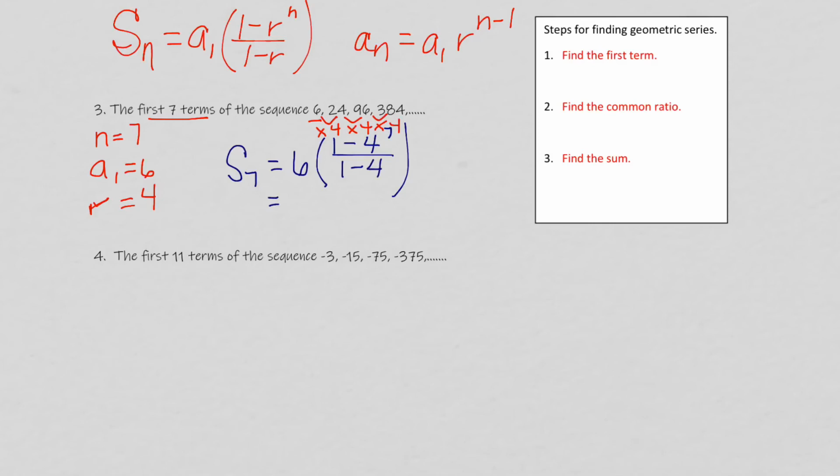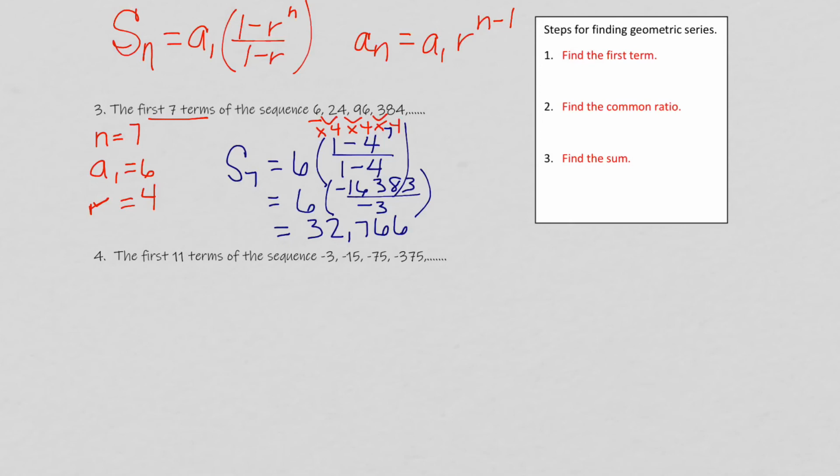And when I simplify that, I get 6 times negative 16,383 divided by negative 3. And that becomes 32,766.